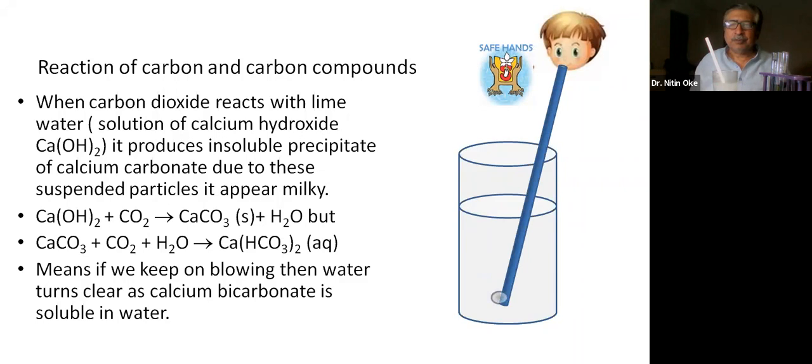And after some time, the particular lime water will become milky. He is blowing very slowly.